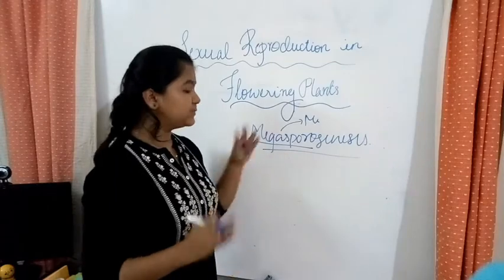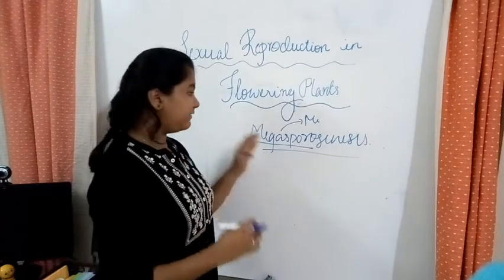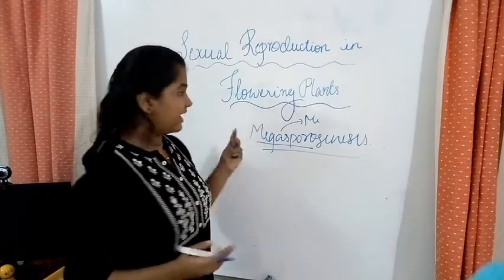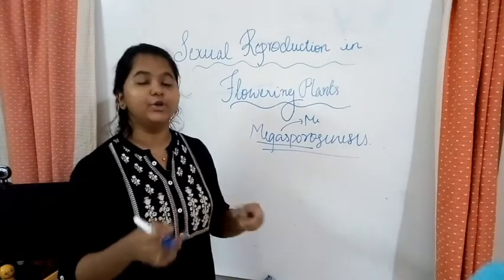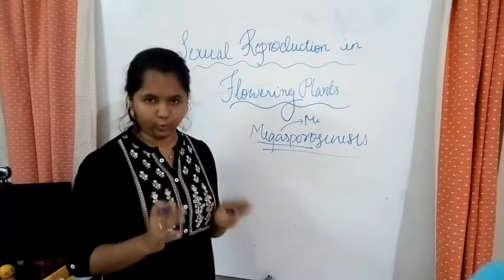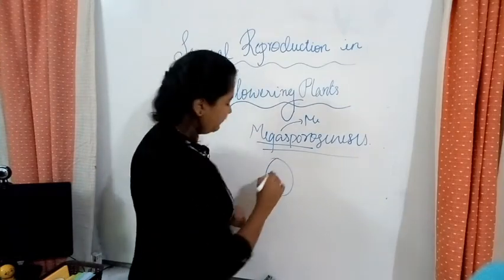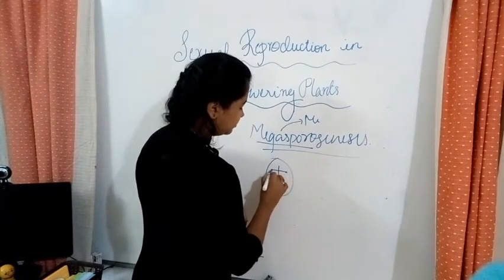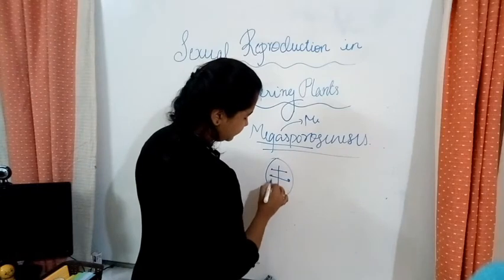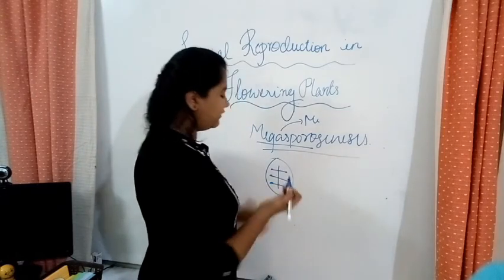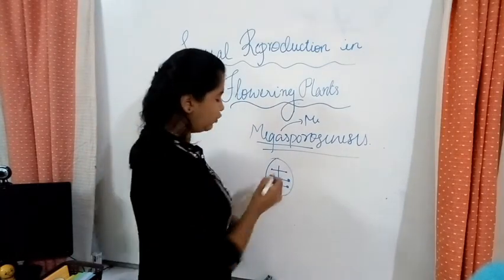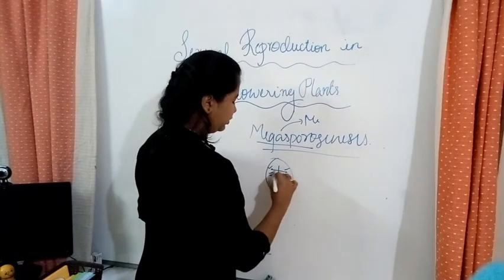And then the next point we have to learn is that every ovary has ovules. Where do we find these megaspores, or these ovules? It is inside an ovary. When I draw an ovary, I always do it like this. Over here I marked 6 ovules.